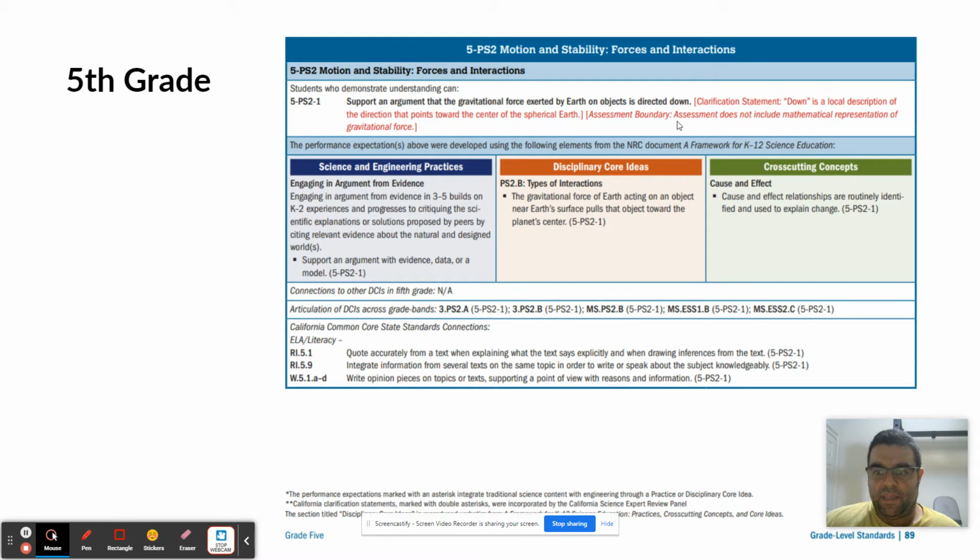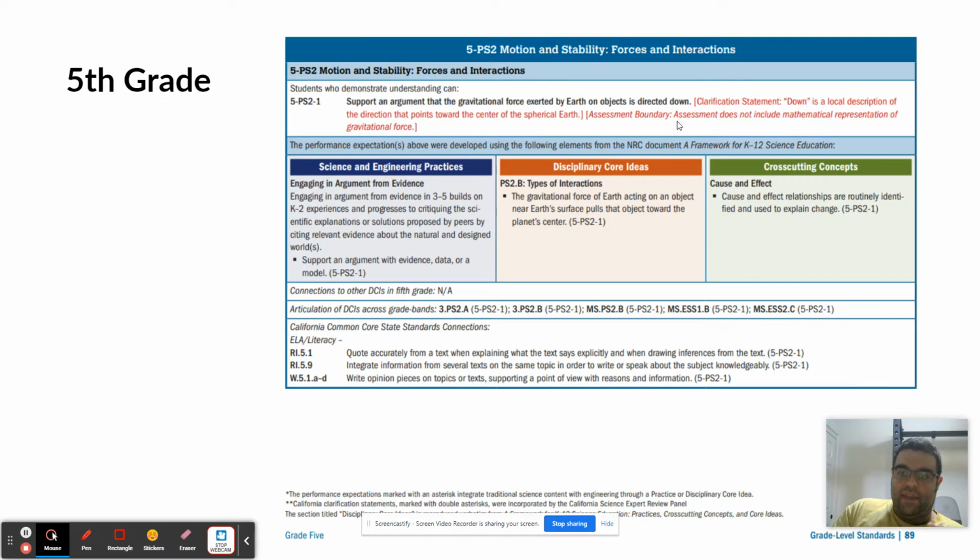Our SEP ties in very closely with 5PS2. We want students to be able to provide evidence and data.